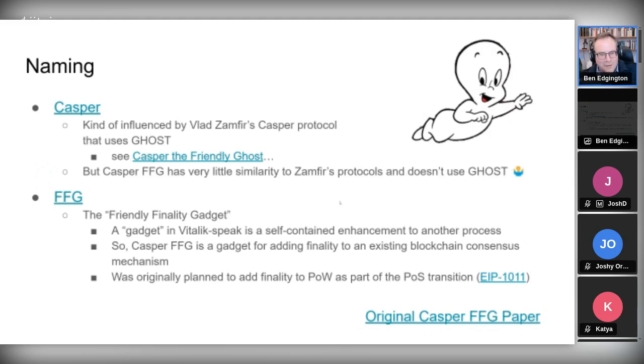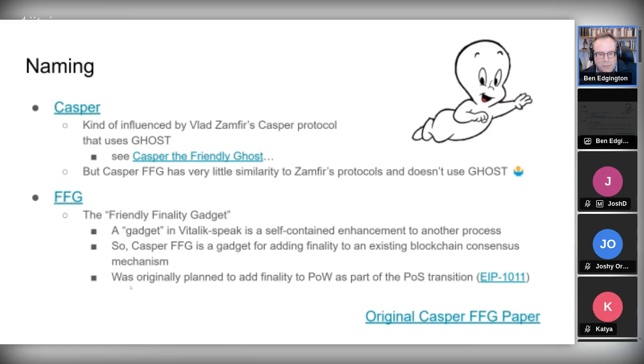It's just in there for historical reasons I won't go into. FFG is a friendly finality gadget. So the friendly is Casper, the friendly ghost, but it's a friendly finality gadget. A gadget is what Vitalik calls a kind of self-contained enhancement to another process. So Casper FFG is a gadget for adding finality to an existing blockchain consensus mechanism.